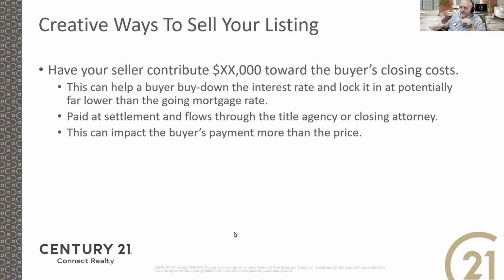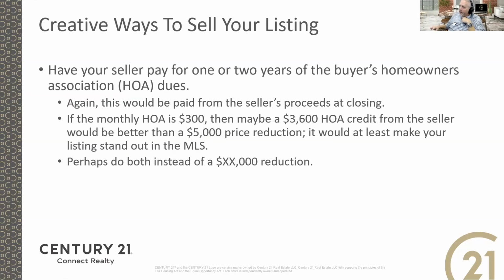All right. Next slide. So you can also have your seller pay for 1, 2, 3 years of HOA dues. Again, this would be paid from the seller's proceeds at the closing.